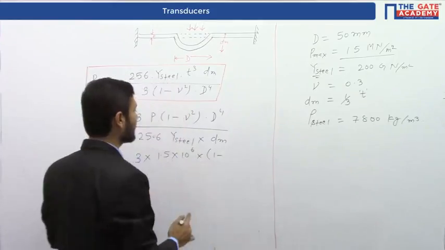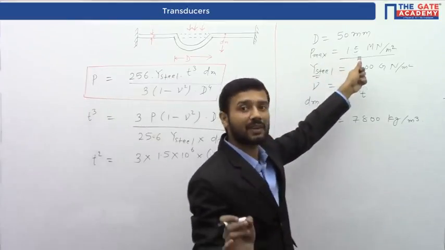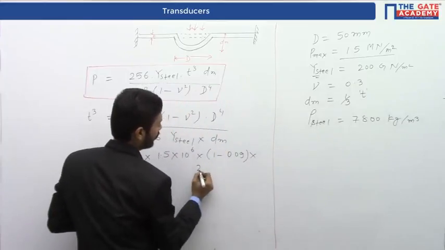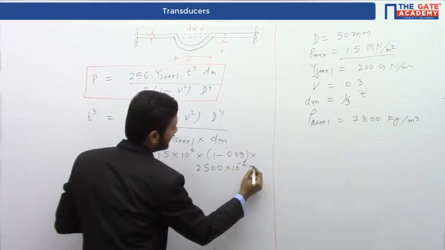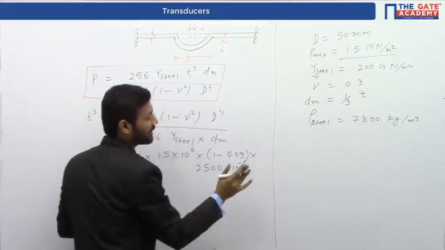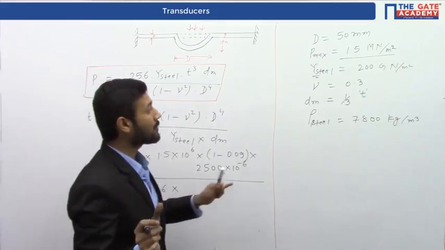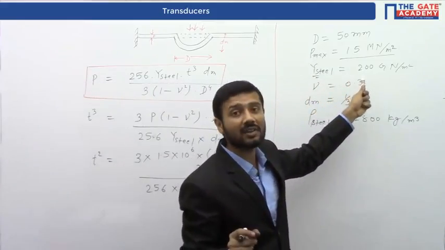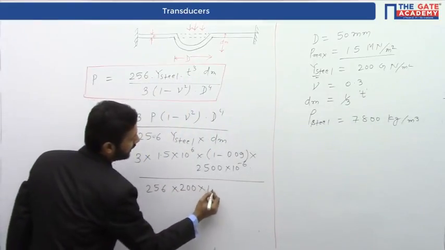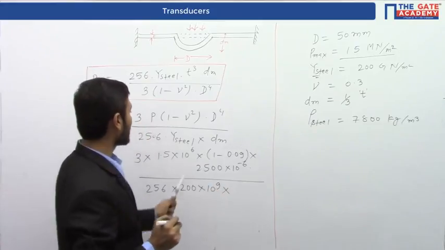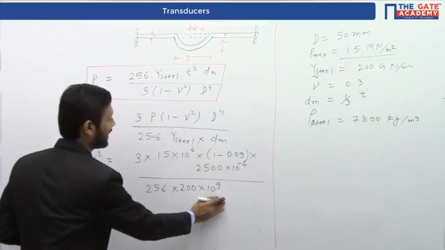Poisson's ratio is given as 0.3, so that is 0.09, into diameter, already given as 50 millimeter, squared, that is 2500 into 10 to the power minus 6 meter square, written in meters, divided by 256 into Y of steel, Young's modulus for steel, already given as 200 GN/m², 200 into 10 to the power 9, into dm, which we have already taken as t/3.